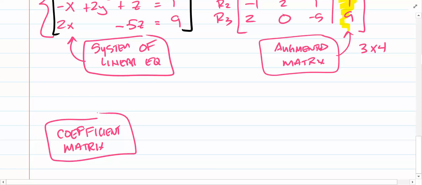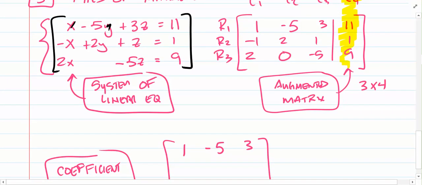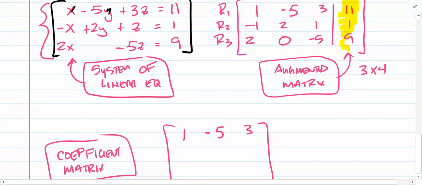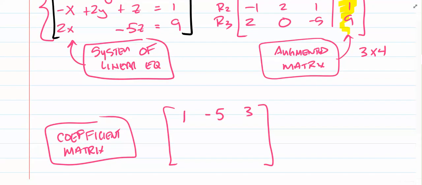The coefficient matrix is exactly what it says. It's the matrix of only the coefficients. So from that system, the matrix would be what? 1, -5, and 3. Notice it's going to be the exact same as the augmented matrix, except without the answer column. Why isn't there? Because this is just called the coefficient matrix.